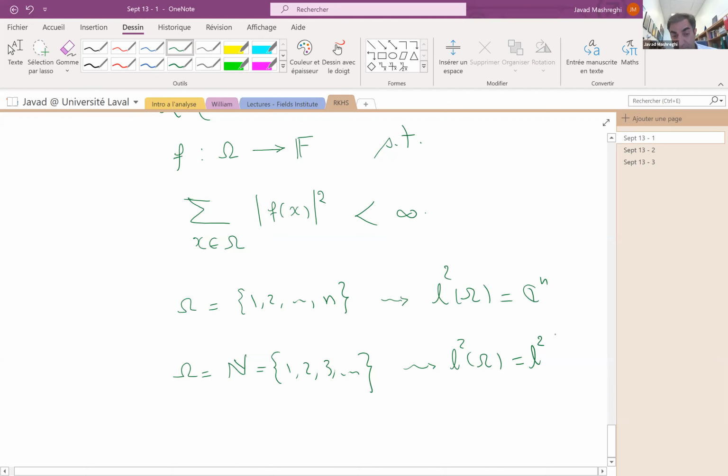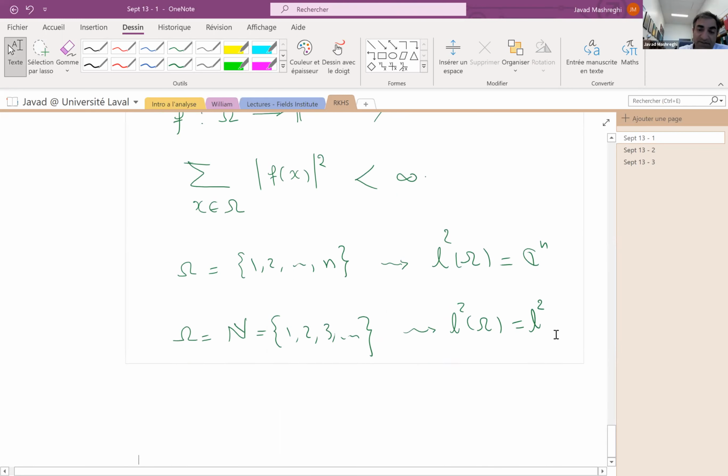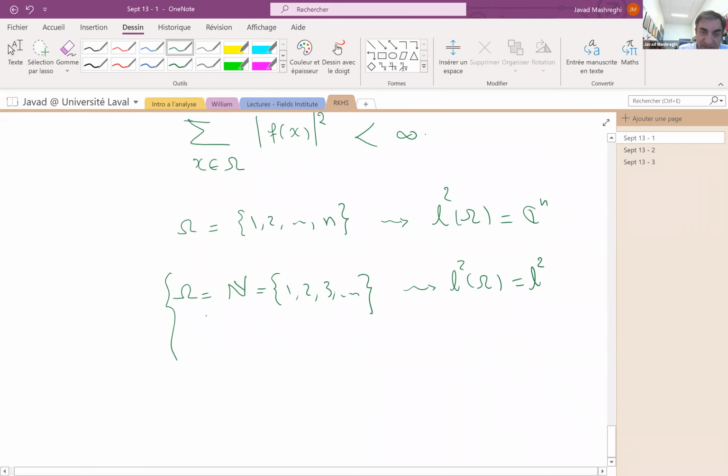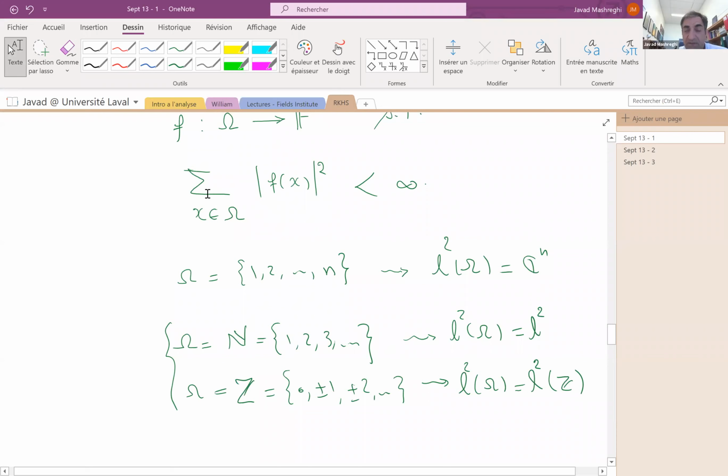Sometimes, even in our courses, instead of starting from 1, we start from 0, but that's not a huge difference. A slight variant of the same type is when we consider Z, which is 0, plus minus 1, plus minus 2, and so on. Here, to distinguish it from the previous case, we explicitly write L2 of Z, and our summation will be from minus infinity to plus infinity.